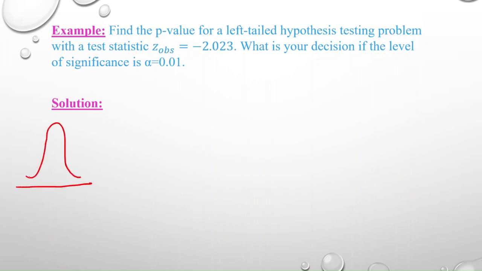So here we are talking about this. This is our critical region or the rejection region. This is our acceptance region, and the Z observed is minus 2.023.